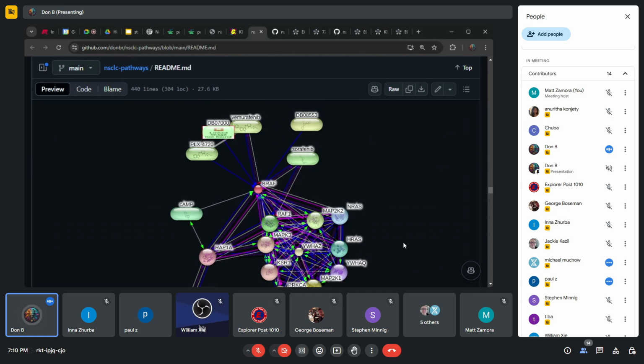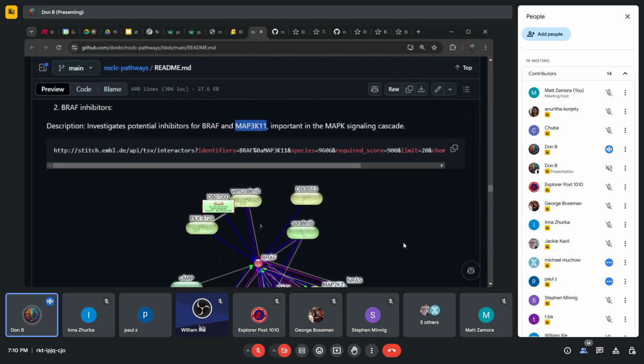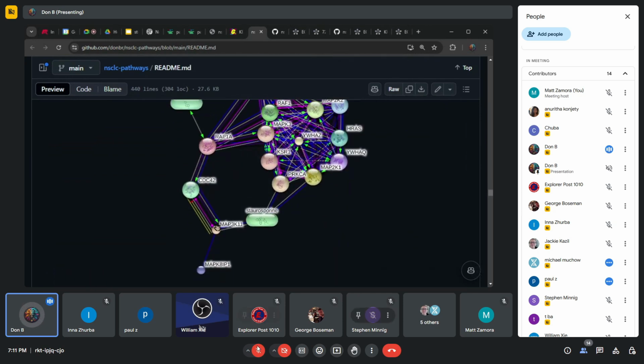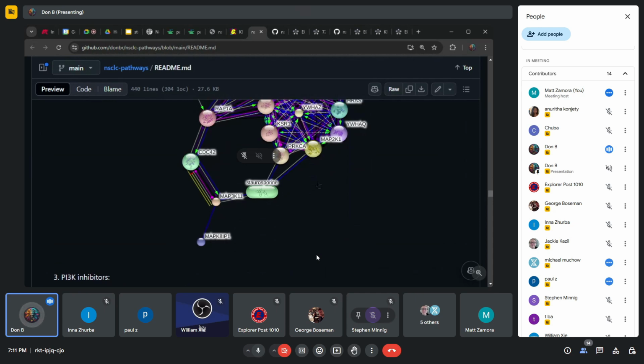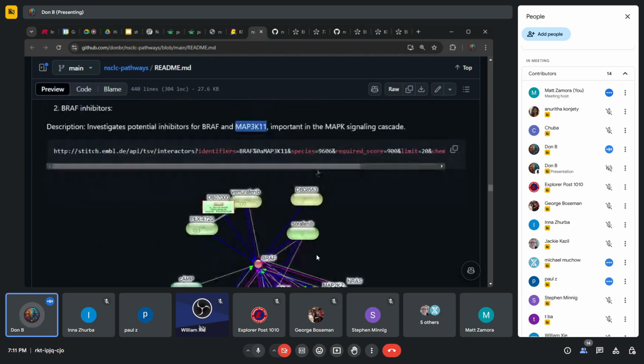One of the data items that I ran across, and it wasn't a direct relationship that you would normally draw on a graph, was the fact that MAP3K11 was involved with upstream behavior, and based on its impact to the signaling cascade, was an indirect inhibitor for BRAF. So that's part of the reason why it shows up down here towards the bottom, not directly connected to BRAF.